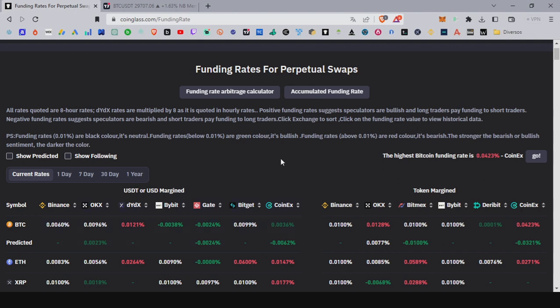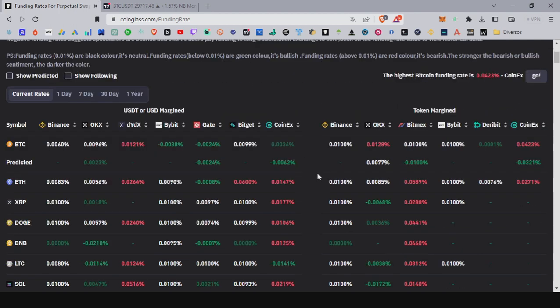So let's go on and see. At the moment, BTC has a funding rate of 0.06 on Binance, so this is neutral to bullish. OKEx is 0.096, so it's basically neutral.